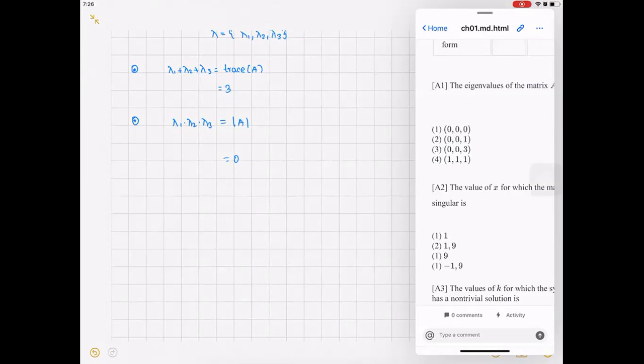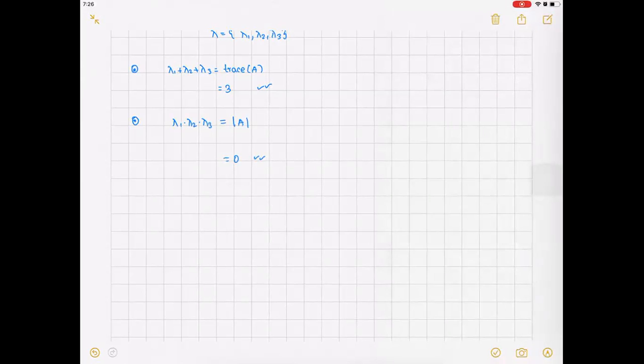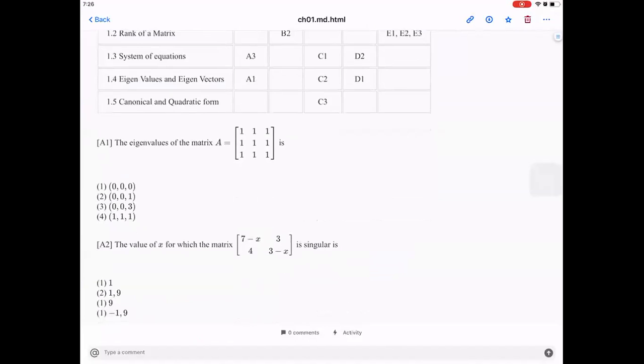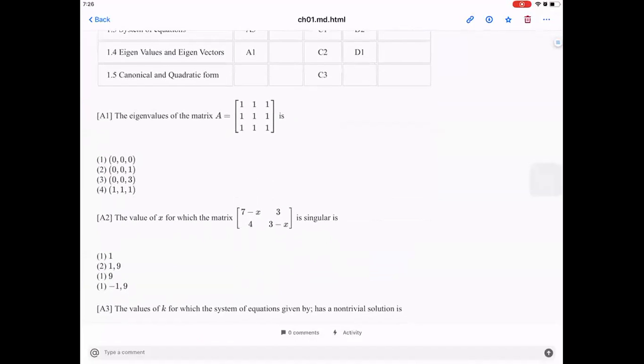If we add 0 plus 0 plus 3, yes, this is satisfied. And also multiplying these three, 0 into 0 into 3, you get 0, and therefore choice 3 is the answer. So this is how from the exam point of view you will solve the problem.